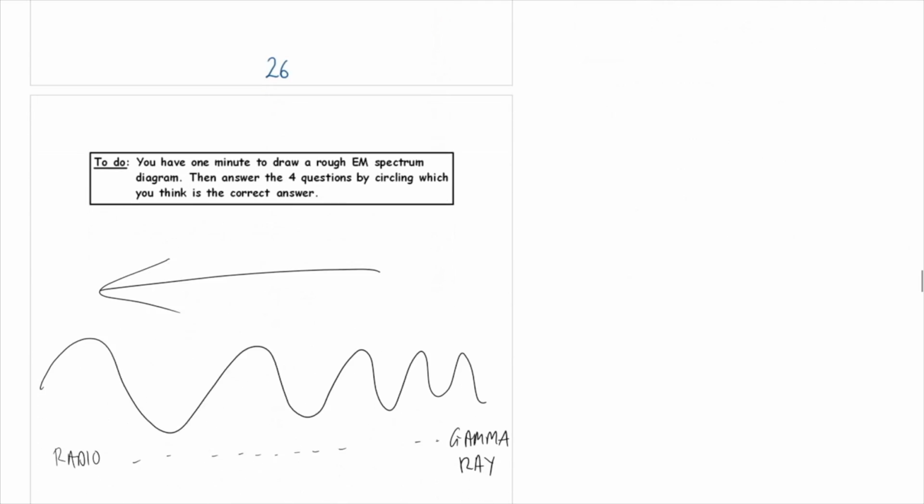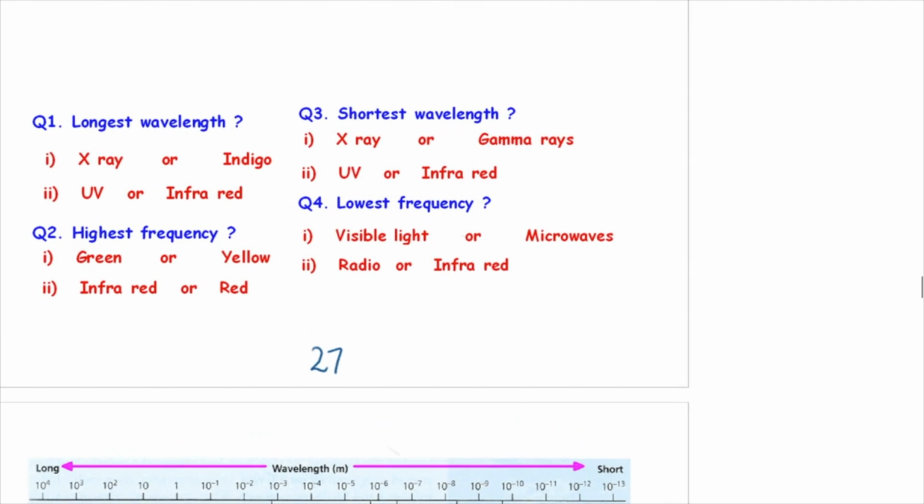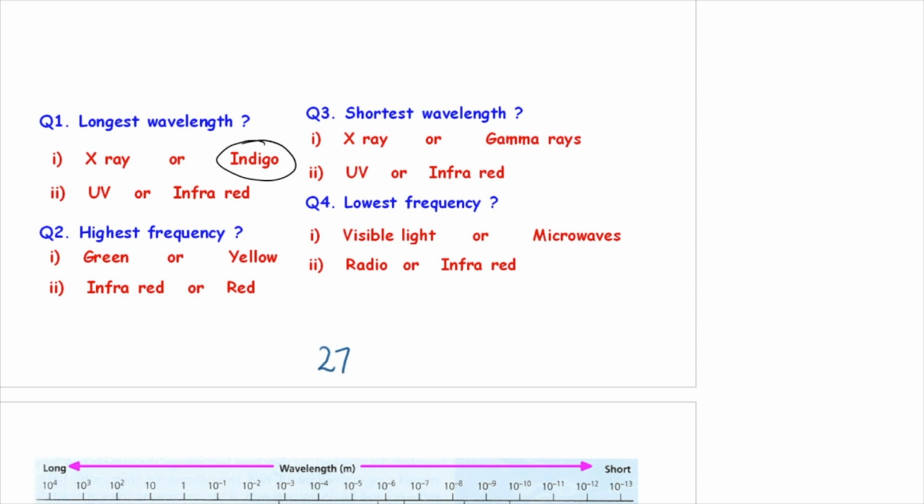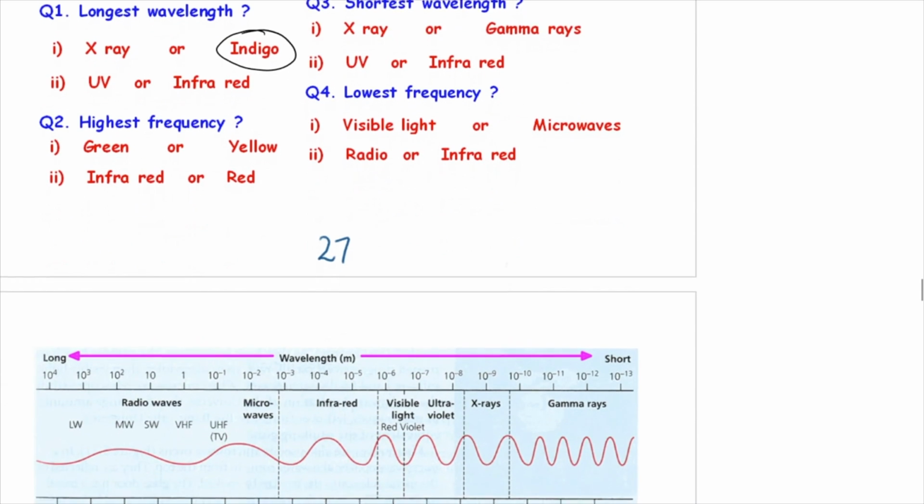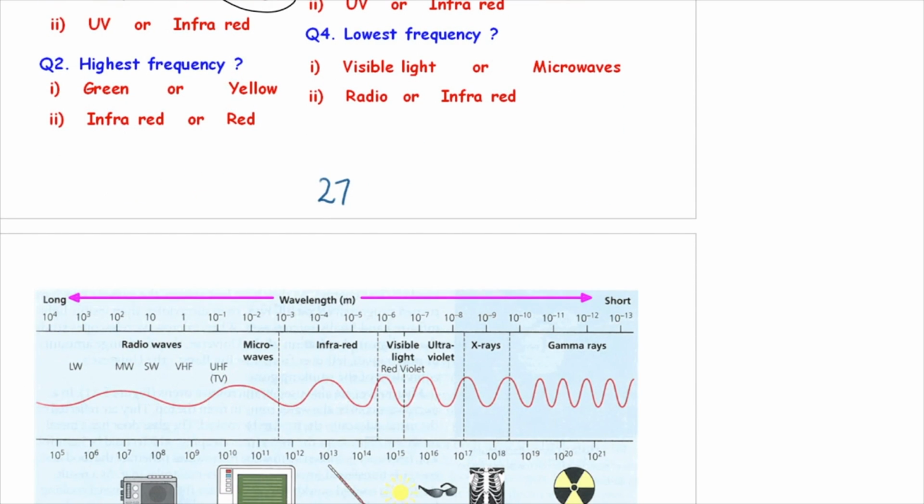So indigo would have the longest wavelength. Ultraviolet or infrared. I can look at this one underneath here. You can see long wavelength that way. Therefore ultraviolet has got a shorter wavelength than infrared, so infrared would be the answer.